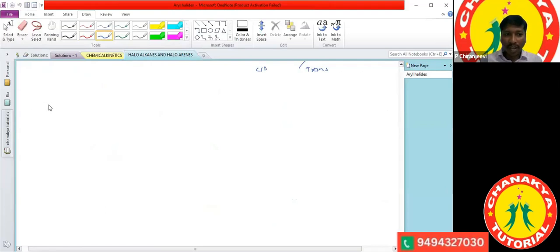Okay, geminal dihalides. First of all, we are talking about the geminal dihalides here. So a geminal dihalide example is R-CHCl2. If it is treated with 2 moles of aqueous solution of KOH, in this one, 2 Cls are replaced by 2 OH groups.